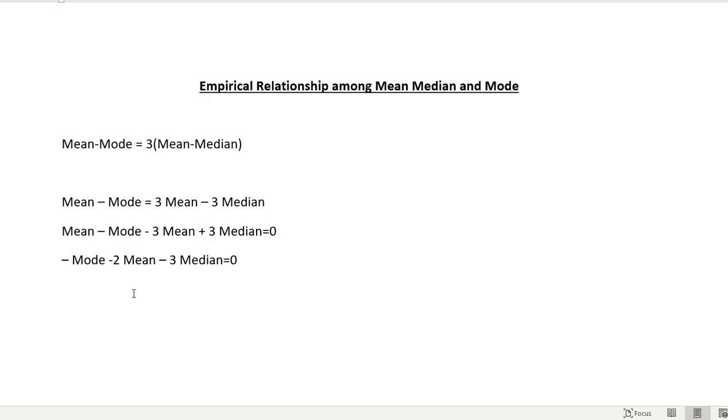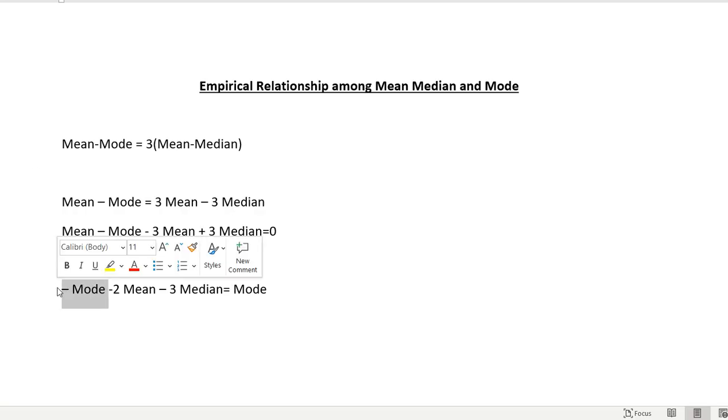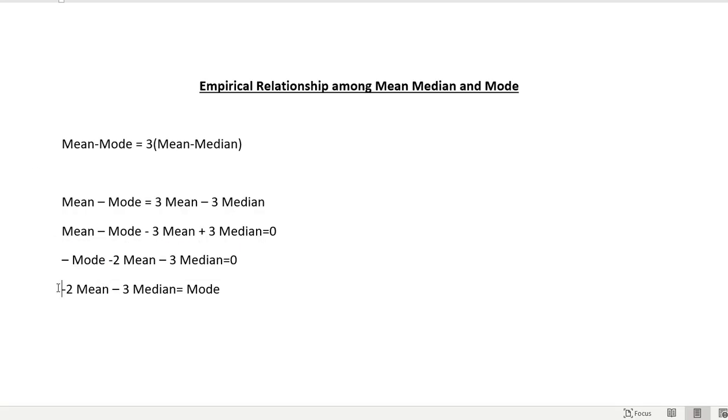Furthermore, I can move this mode to the right hand side, so it will become mode plus, and here it will be removed. Furthermore, this is going to be plus 3 median. Now look here, we have plus 3 median.